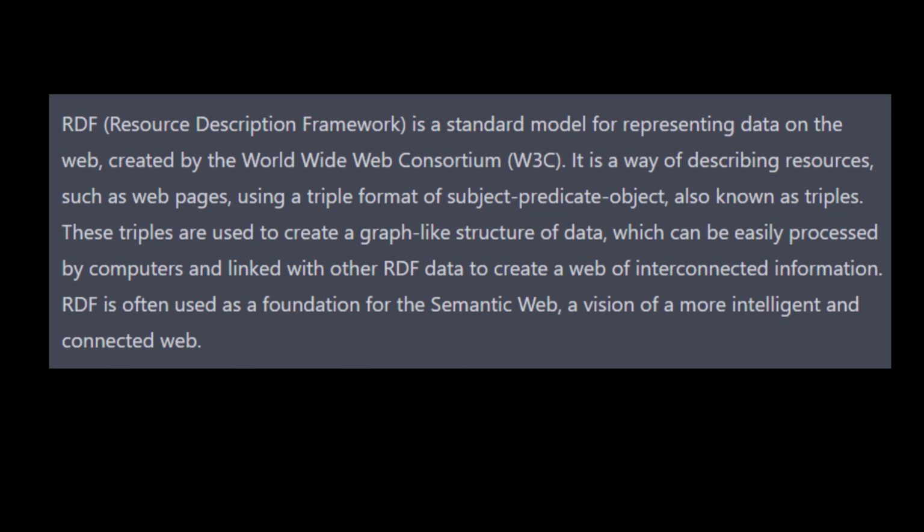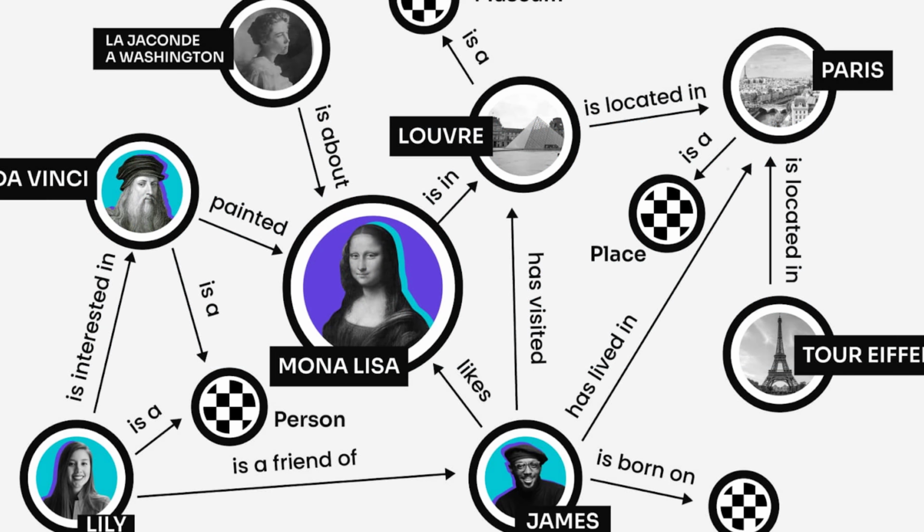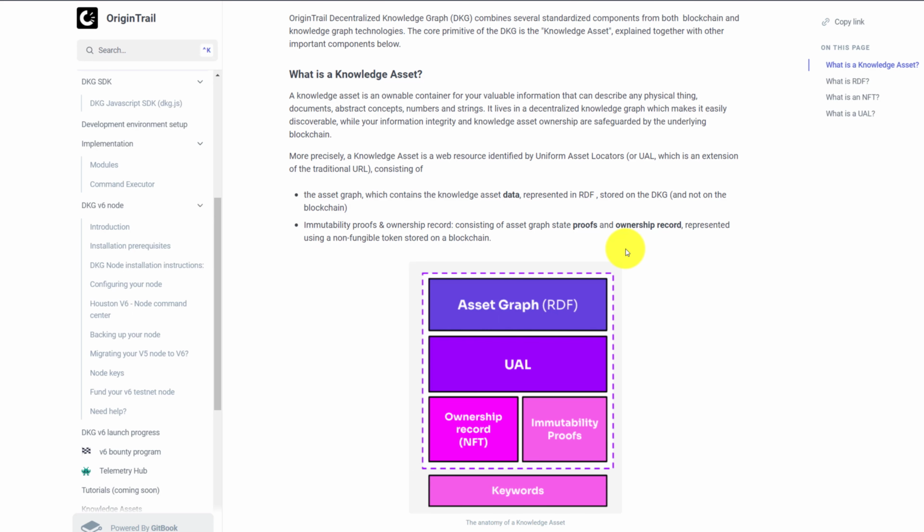These triples are used to create a graph-like structure of data, which can be easily processed by computers and linked with other RDF data to create a web of interconnected information. In our case, we'll be creating a web of interconnected knowledge assets on top of the decentralized knowledge graph. So think of the asset graph as the what.